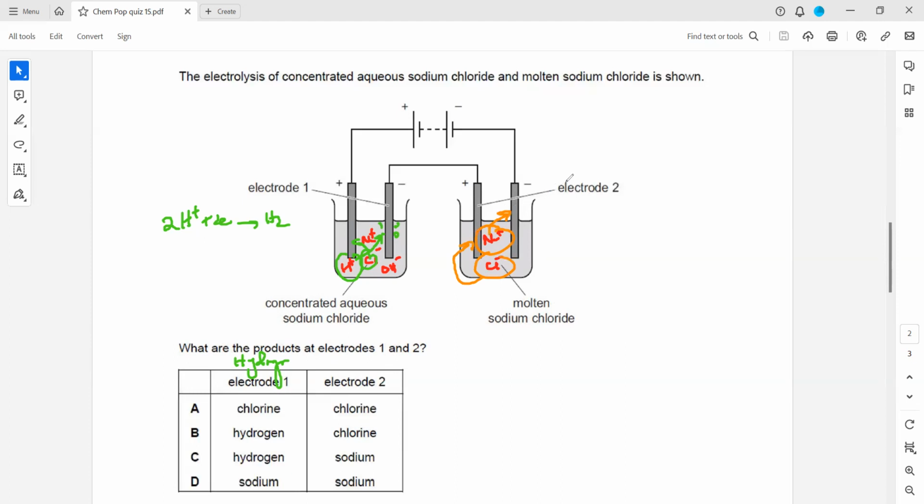So at electrode 2, chloride ions lose 2 electrons and form chlorine. So there will be hydrogen and chlorine. Hydrogen is at electrode 1, and chlorine is at electrode 2. So B will be the right answer.